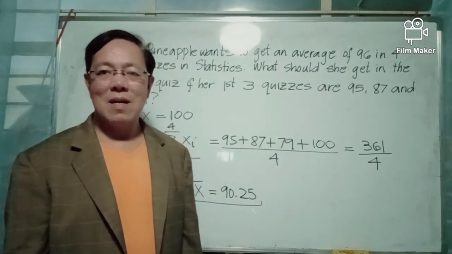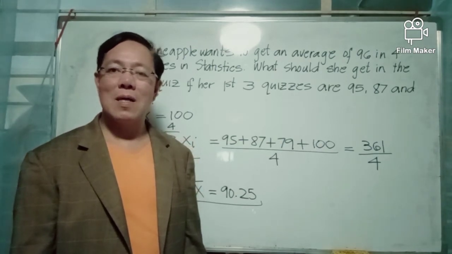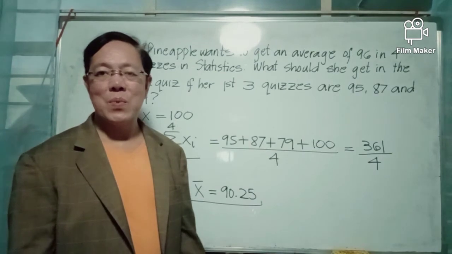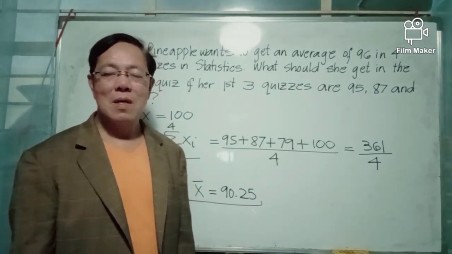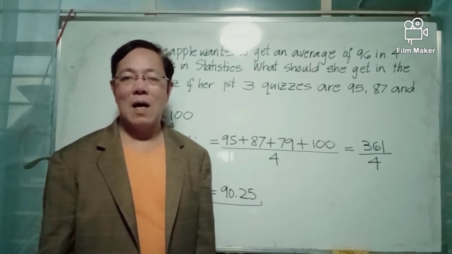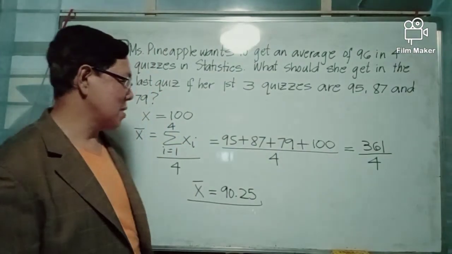Now we will take another example for computing a mean, but this time we will compute a mean from a frequency distribution table. But before that, I would like to point out another difference between the sample mean and the population mean.